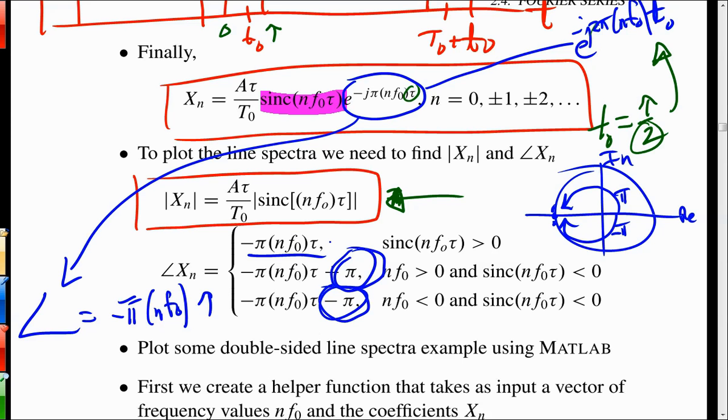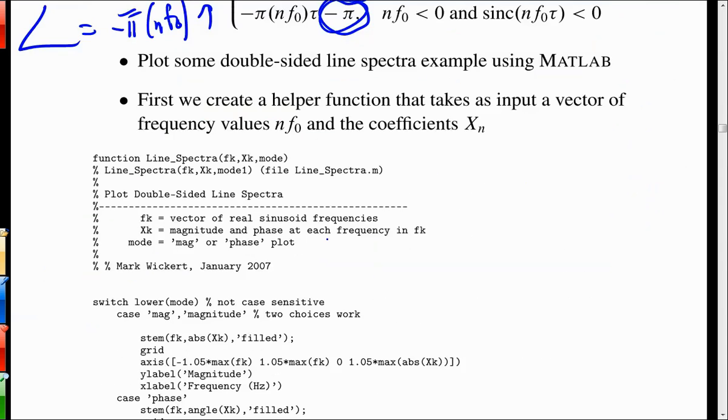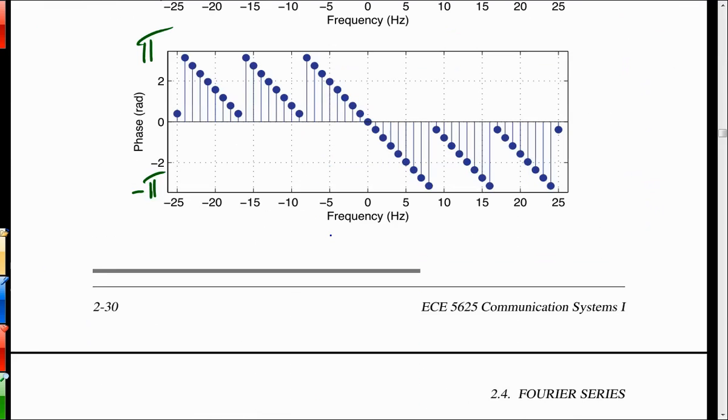And that's just rolling down. That's the downhill slope that you see in the phase plot. So the phase rolls down with that negative slope, minus pi n f naught, which is the harmonic frequency, n times the fundamental, and then tau impacts the slope as well. So that's rolling down, and that is causing the jumps to occur.